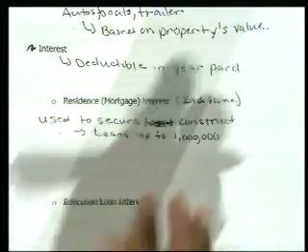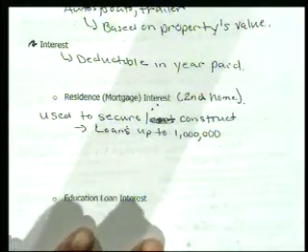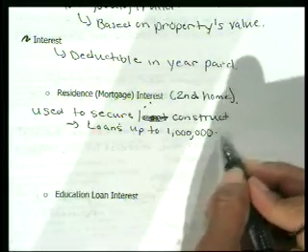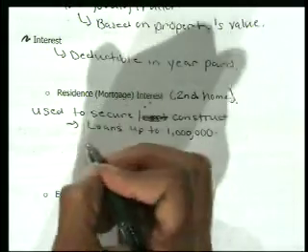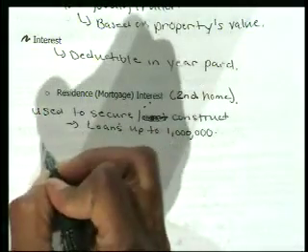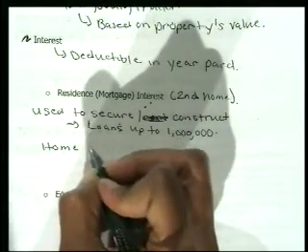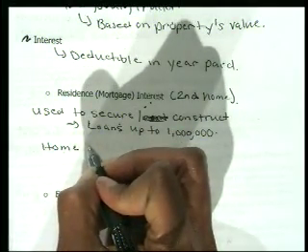So if you build a $1.5 million house and you borrow it, you can only deduct the interest on up to $1 million of that home. So even though I got the $1.5 million home, the interest that I'm going to be able to deduct is going to be only up to $1 million.